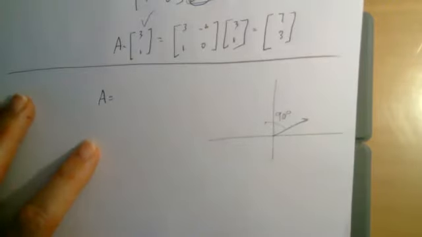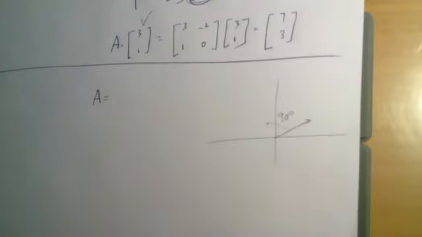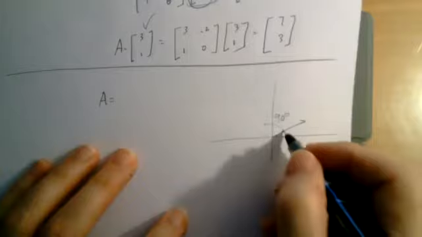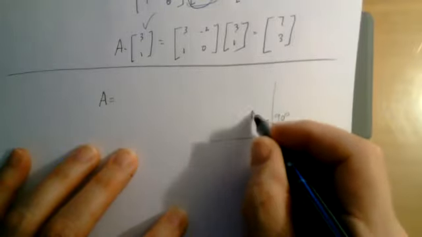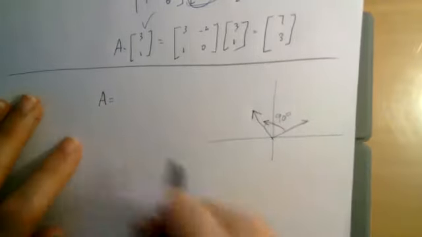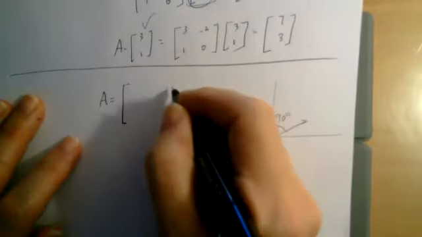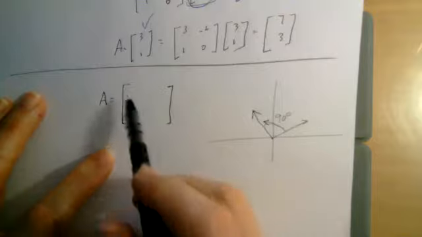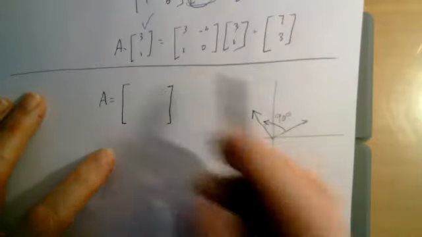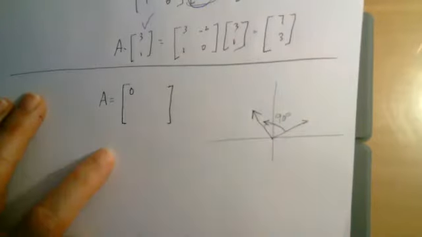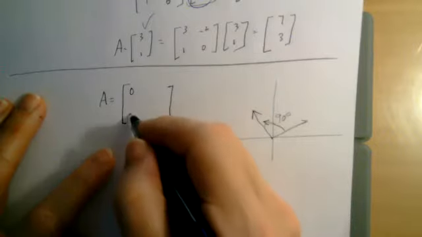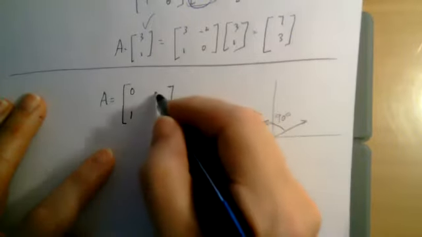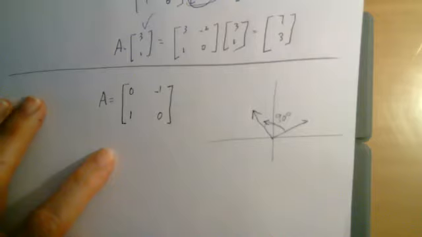So let us figure out the matrix that does this. So this is my A, it rotates the vector to here. That's the rotation matrix. Let us try to remember what the standard matrix for a rotation is. It's cosine of 90, that's a 0, sine of 90, that's a 1, minus 1, and 0. That's the matrix.